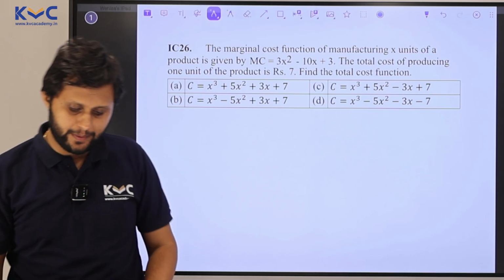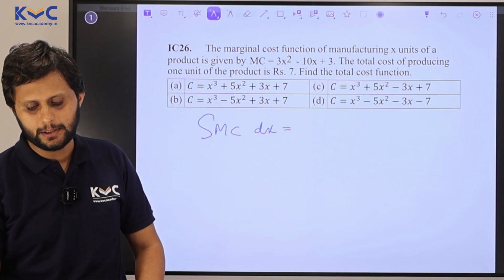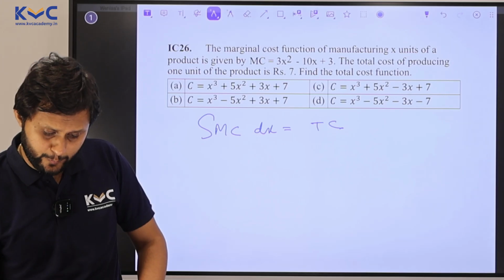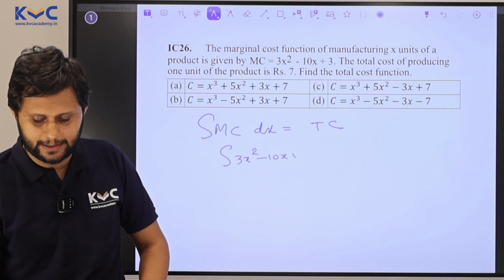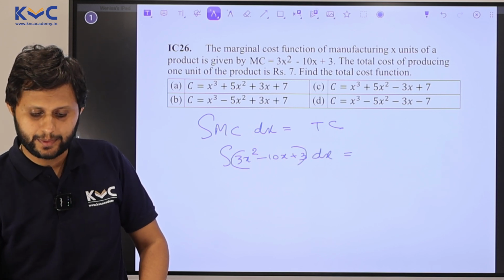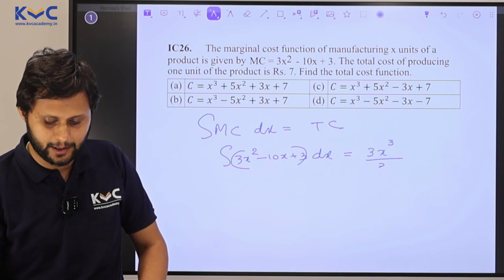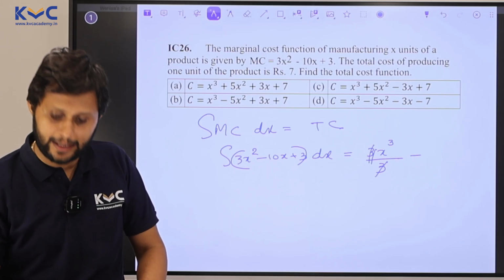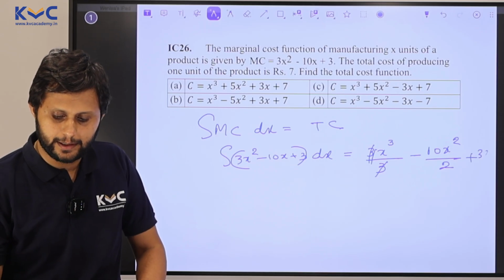So what we'll do is we will integrate the marginal cost with respect to x, and we get total cost. So if I have to integrate 3x square minus 10x plus 3 with respect to x, that is dx, it is equal to integration of 3x square is 3x cube by 3, 3 cancels, minus integration of 10x is 10x square by 2, plus 3x.